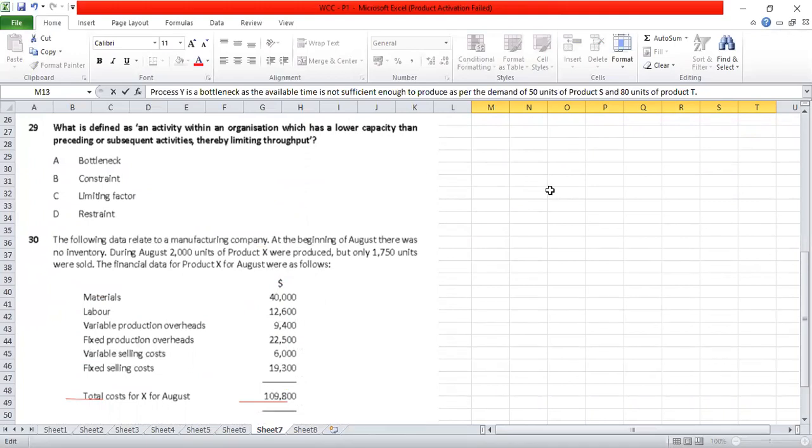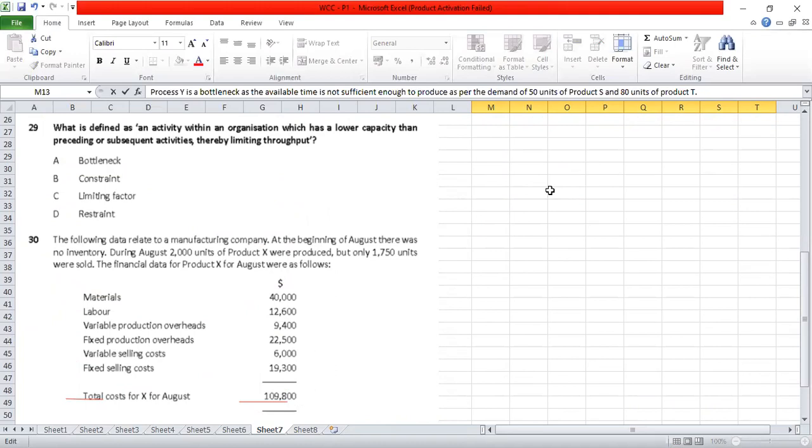29th question: what is defined as an activity within the organization which has a lower capacity than preceding or subsequent activities, thereby limiting throughput? Throughput is the profit or the controllable profit, but then controllable profit is only after deducting the material cost, because that's the only cost which is assumed to be the variable cost.